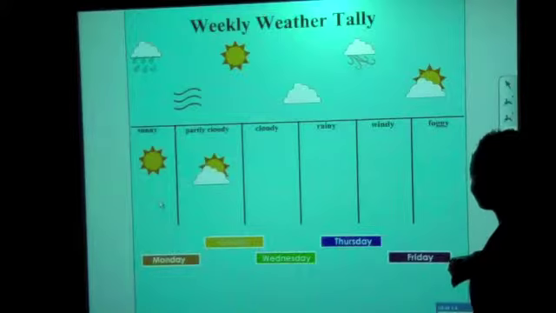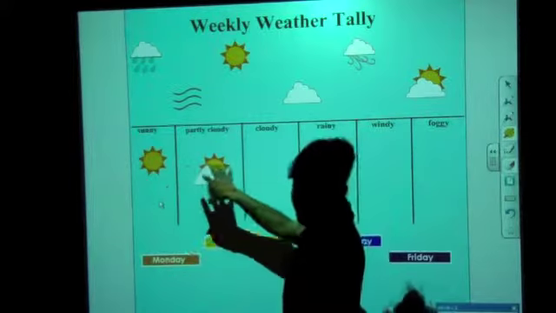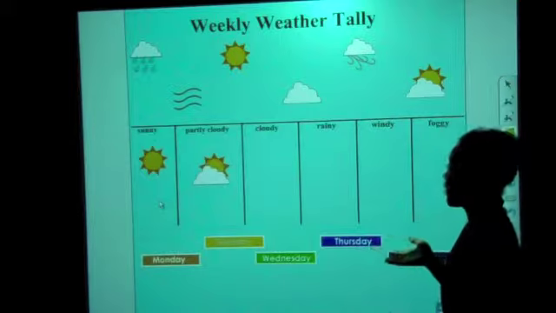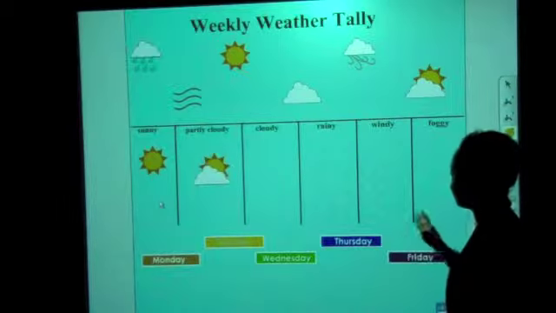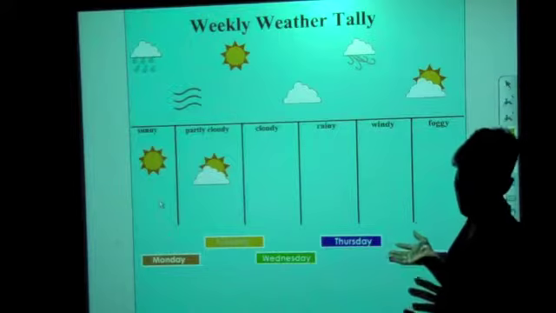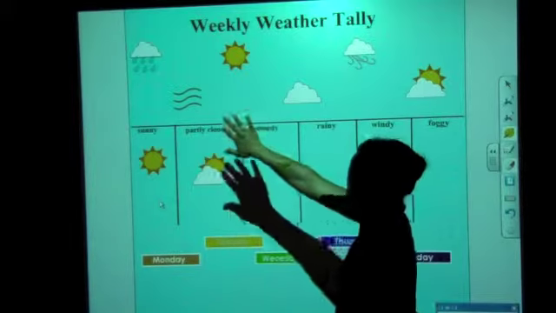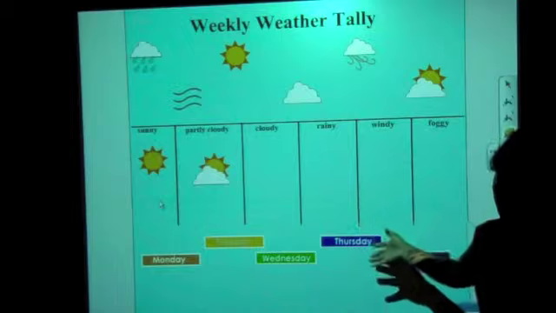And you can also keep up with each day if you want to use it that way. Or you can at least have them come up and spell out the word and place the picture with the word that they spell out.